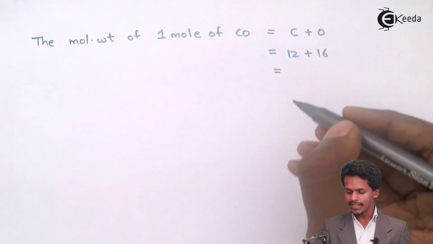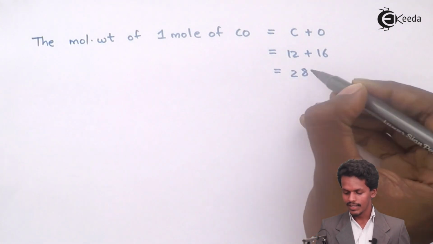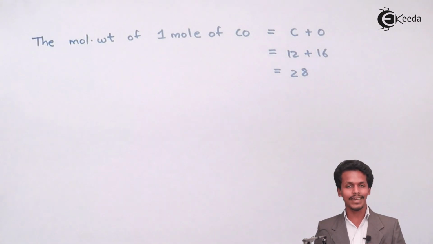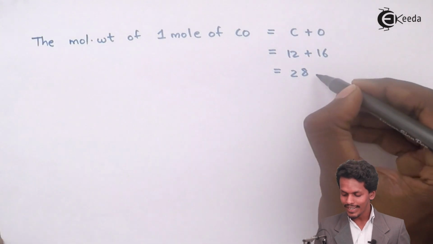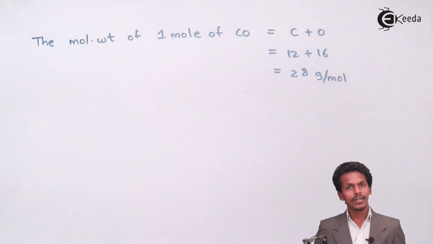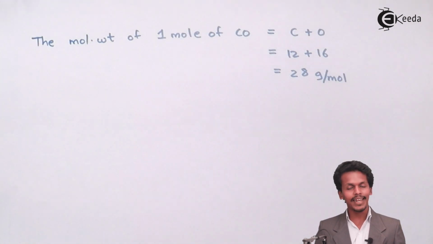If we add these, we get the answer as 28. So the molecular weight of carbon monoxide is 28 gram per mole.